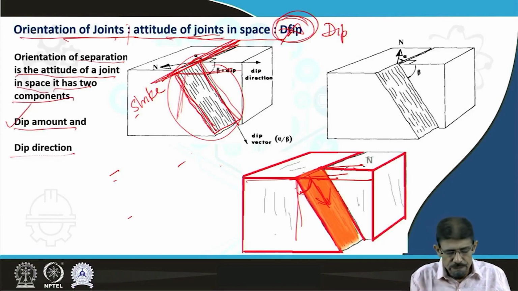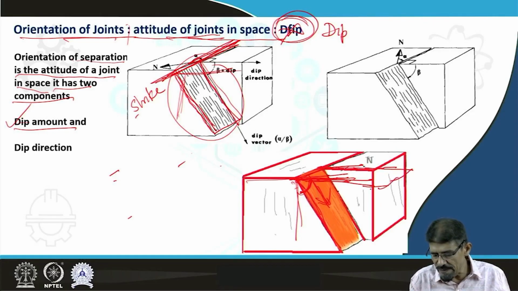So the dip amount is very simple. It is the angle between the horizontal and the inclined plane. You can see one plane here. If you imagine one plane here, the angle between these two planes is recognized as dip.